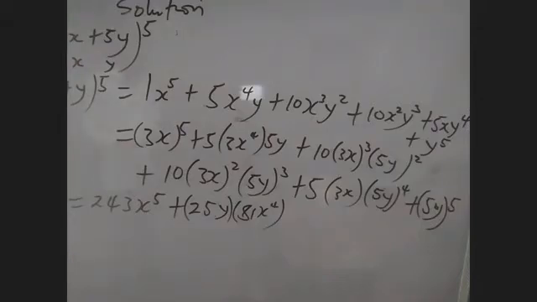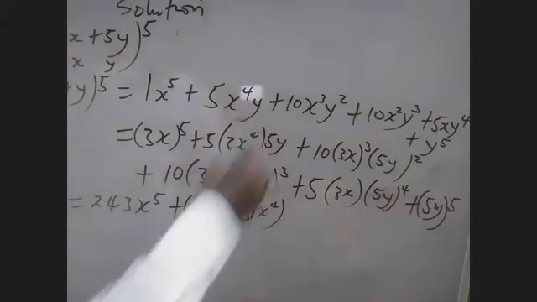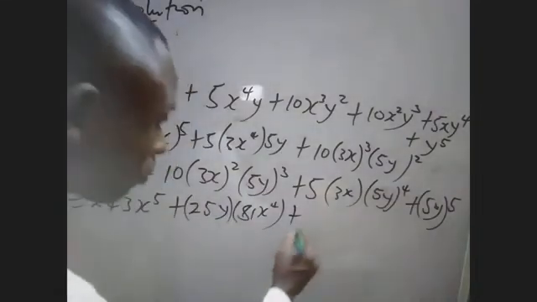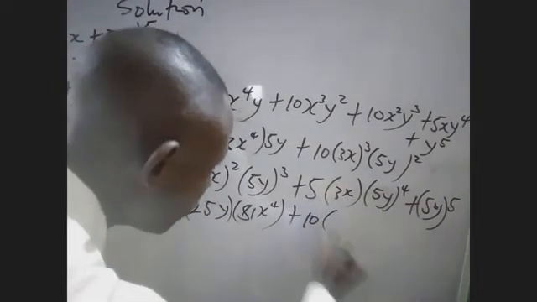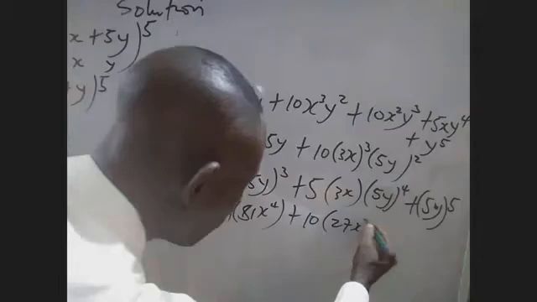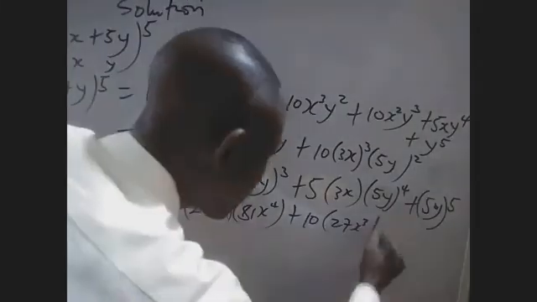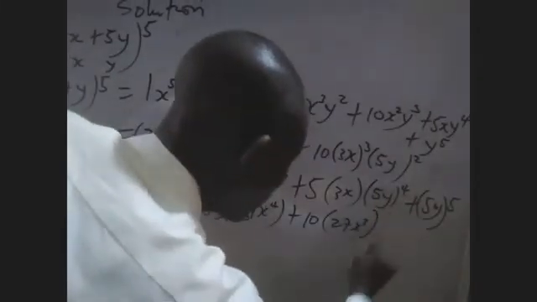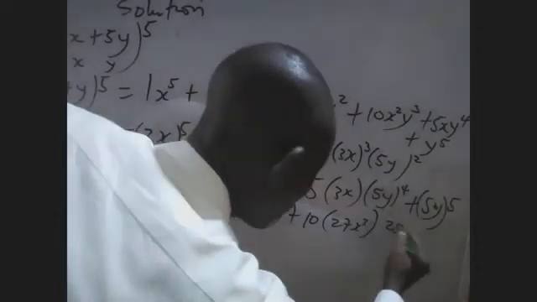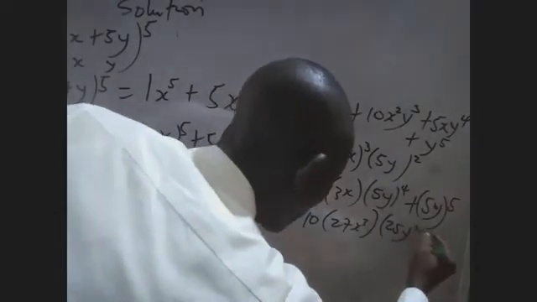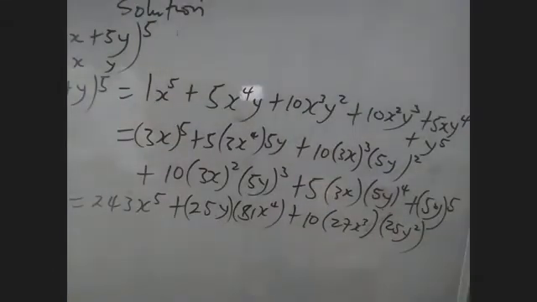Or let me simplify it little by little. This is plus 10 into bracket 27s raised to the power of 3 plus bracket (25y) raised to the power of 2. So we can multiply out in the final stage.